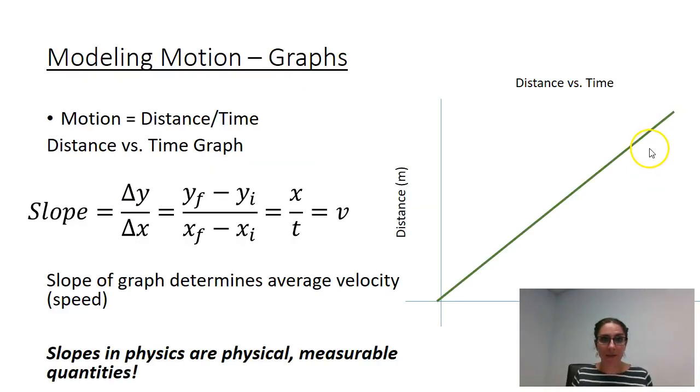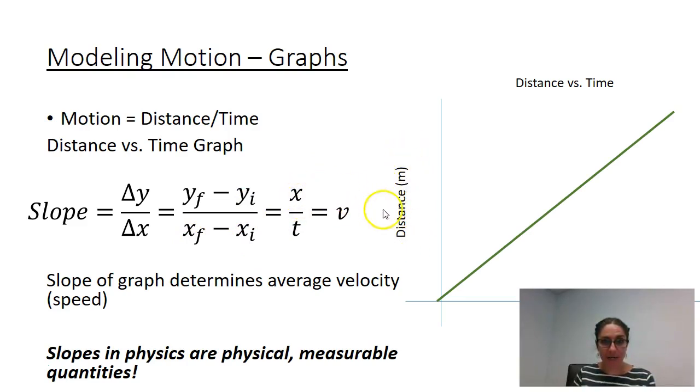We can model constant velocity very nicely on a distance versus time graph. The slope of a distance versus time graph is, by definition, velocity, because if you remember from class and your mathematics class, delta y over delta x, so rise over run. Remember that this is a position, so distance.